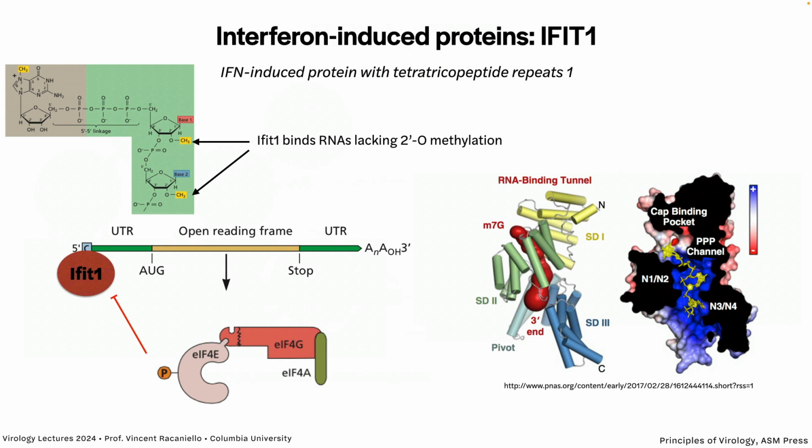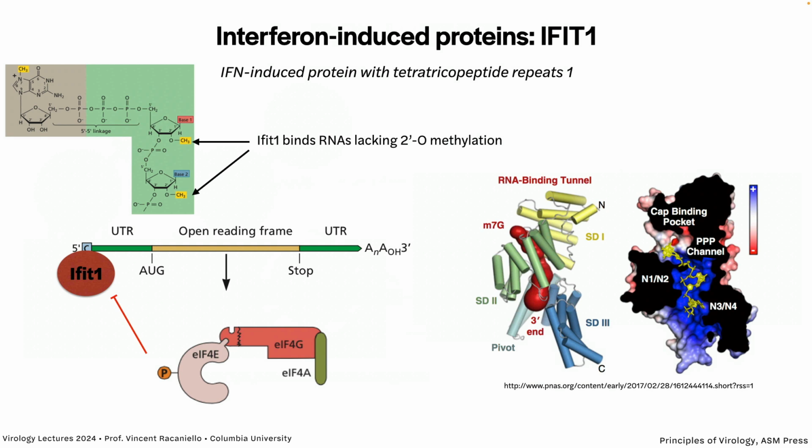Another one that I think is very interesting is called IFIT1. Interferon-induced protein with tetratricopeptide repeats number 1. This is a protein that binds RNAs lacking 2' O methylation. And so capped RNAs usually have this 2' O methylation.